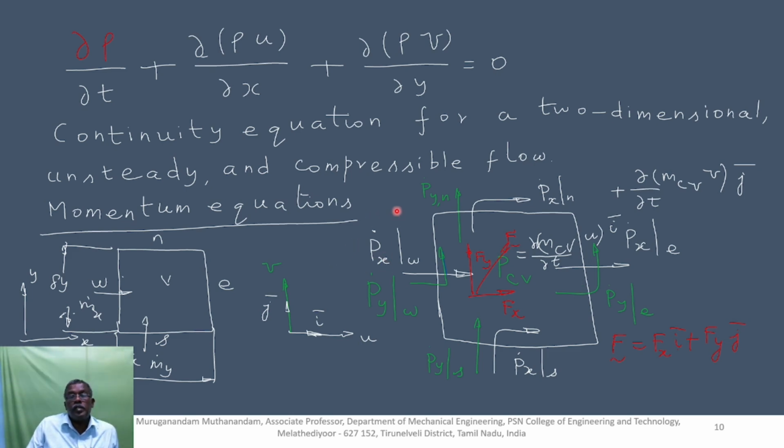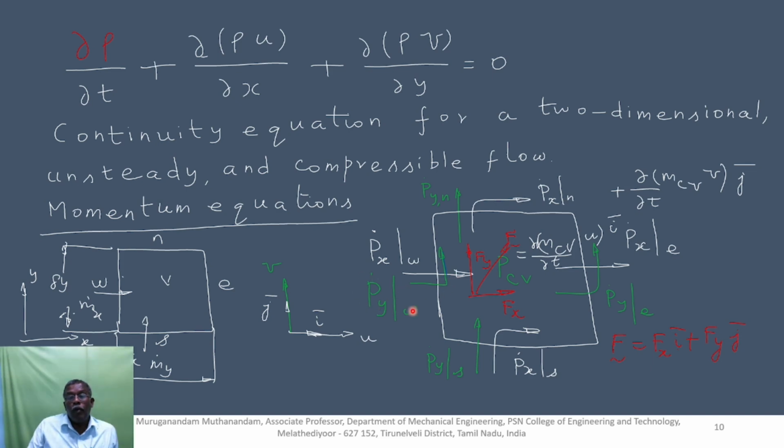P dot x along the west side is shown by the white arrow. P dot y on the west side is shown by the green arrow upwards. P dot x is the momentum flowing in the horizontal direction due to the mass flow on the west side.